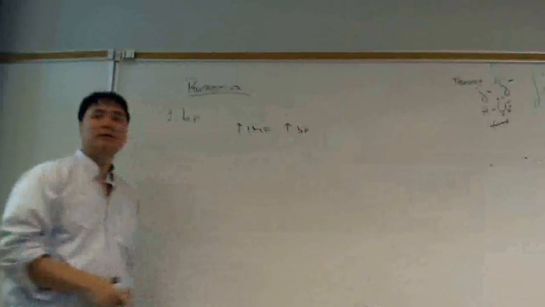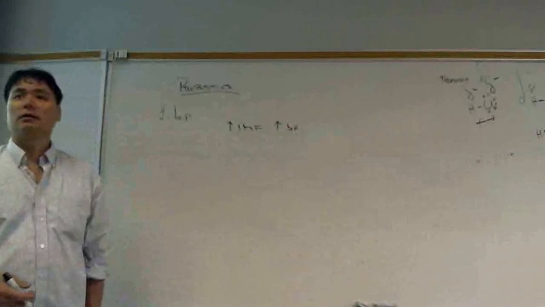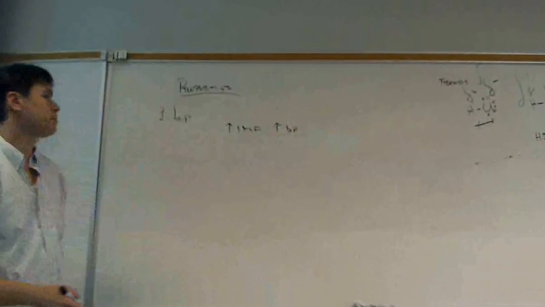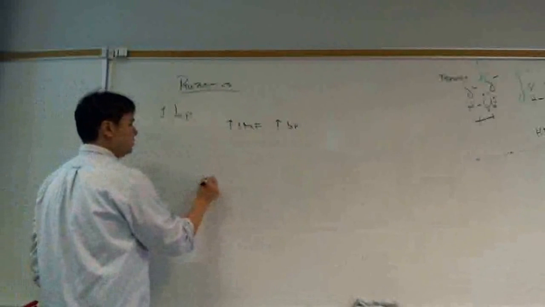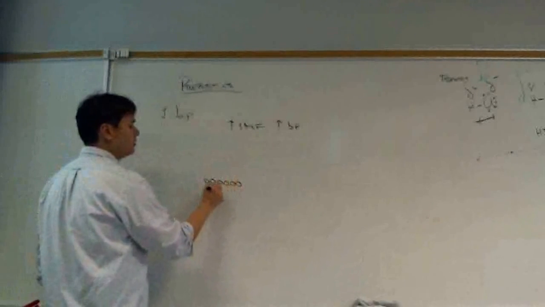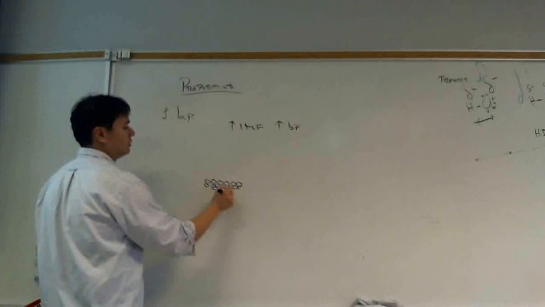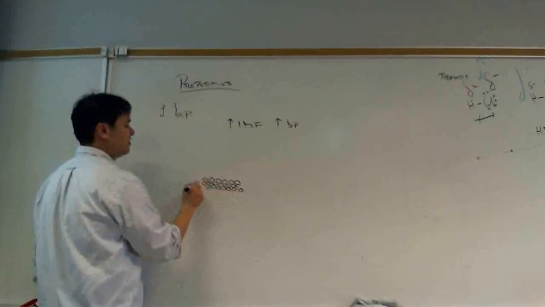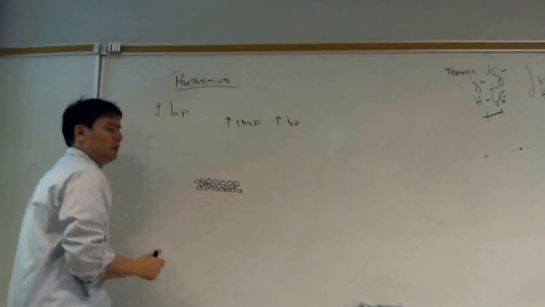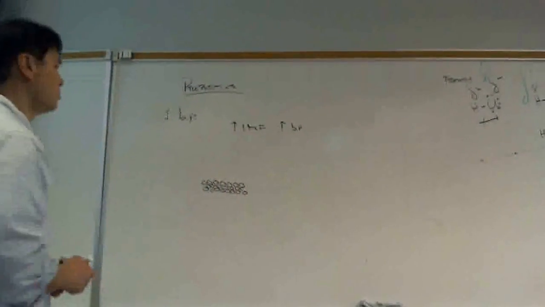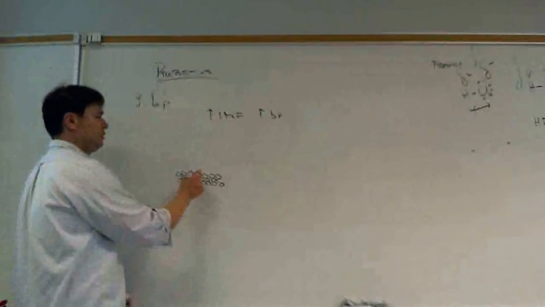What is boiling? If you have molecules in the liquid state, the molecules in the liquid state are all held together by what? IMFs. But some of these molecules can escape the surface, because do all these molecules have the same energy?